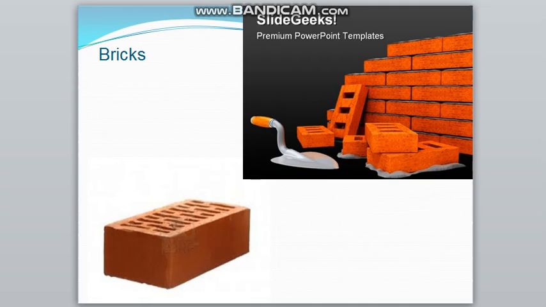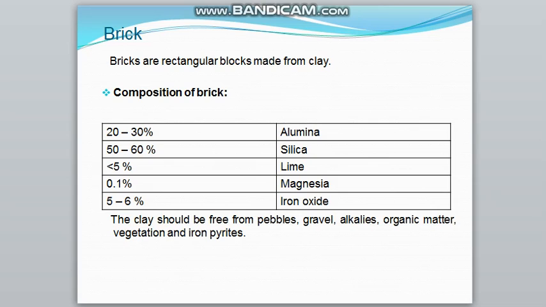The length, width, and height of a brick may be taken as follows: generally the length of the brick is 2 times the width of the brick plus the thickness of mortar. The height of the brick is the same as the width of the brick. Generally the standard brick size is 19 × 9 × 9 centimeters.